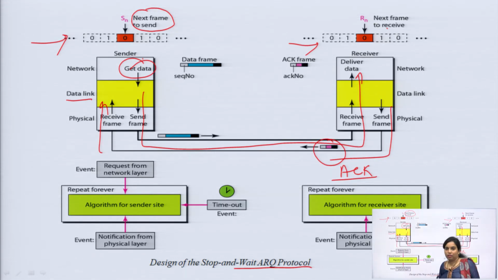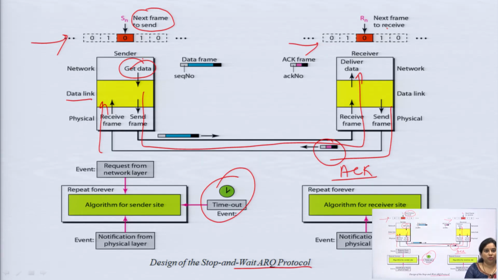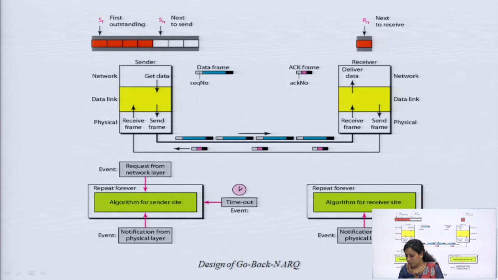Till that frame is received, the sender has to wait. You can see a timer will be used in this algorithm, which will decide when to repeat, because ARQ stands for automatic repeat request, so it will automatically repeat after a particular point of time. So, this is the design of the stop and wait ARQ protocol.